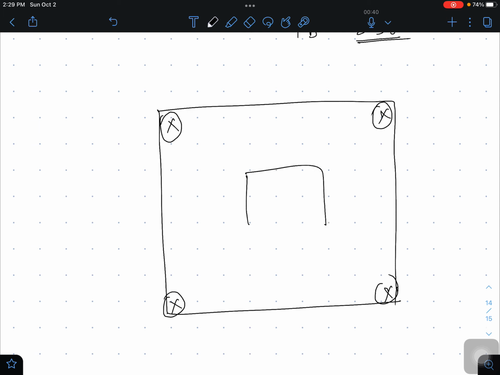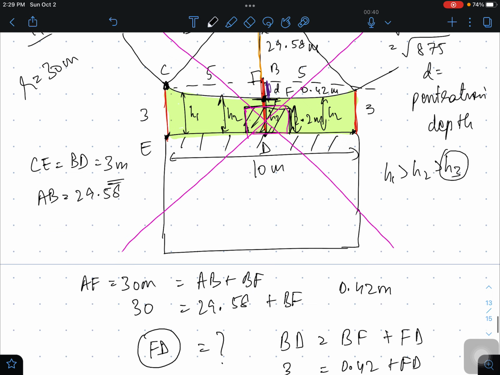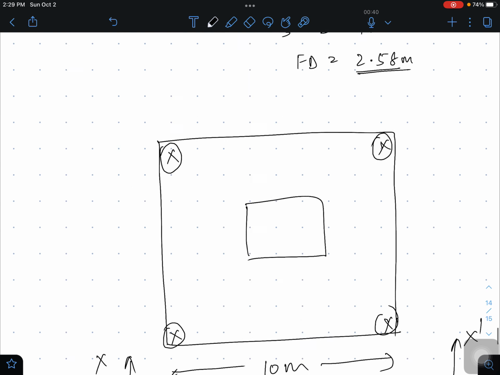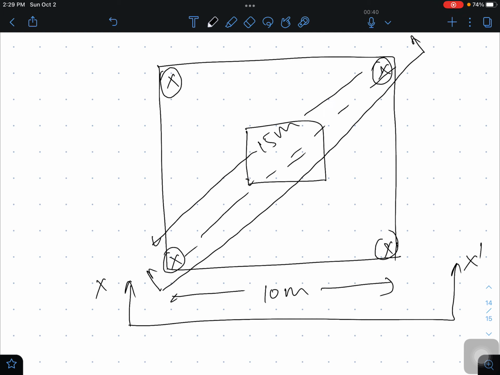Now let us suppose this was your equipment, this was 10 meters. So we were seeing the section x dash in this image. This section was for x dash and we were evaluating it, but it was not correct because we have to check this section, the mid one, which will cover this midpoint, and this is a diagonal length of, let us suppose, 15 meter.